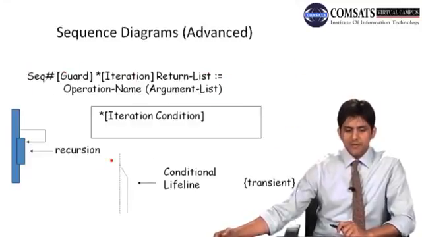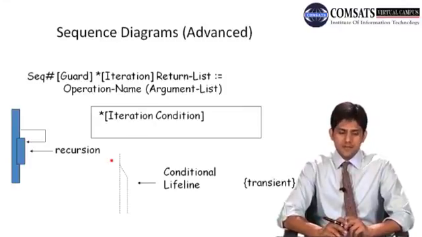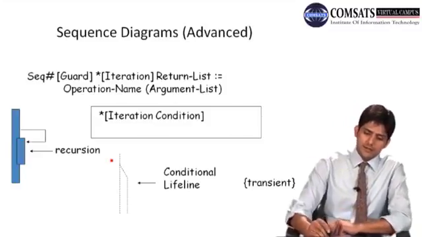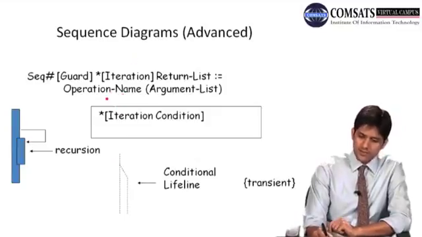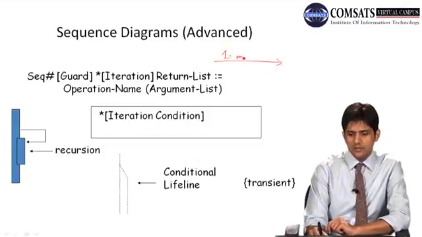Now there are some advanced notations when we are drawing these system sequence diagrams. We can also have a sequence number attached to a message. So whenever we are writing a message, for example, this was the arrow, and we can have something like 1.message.